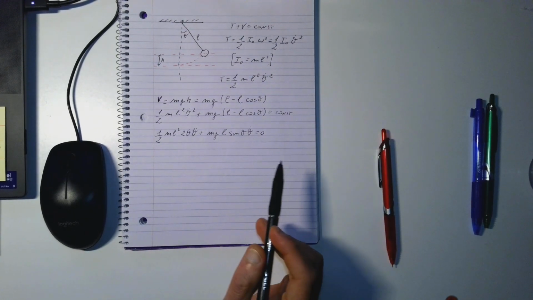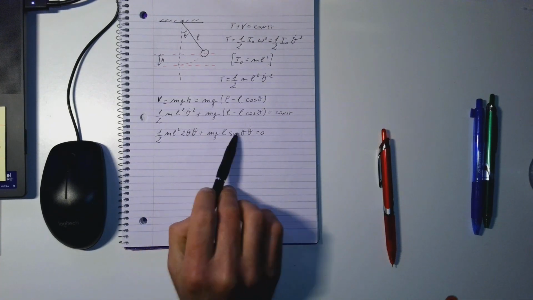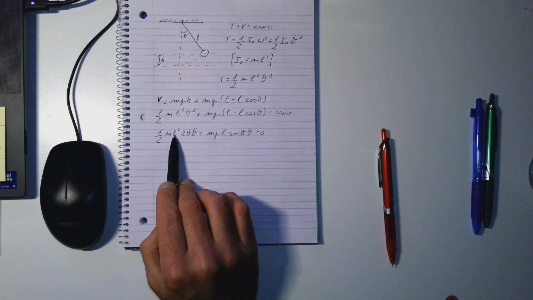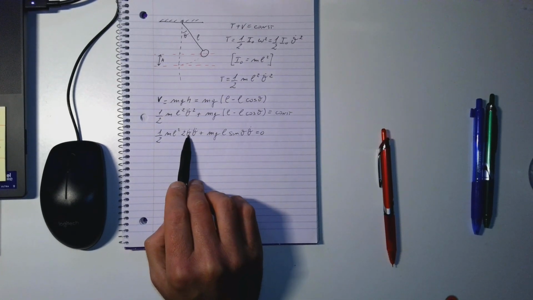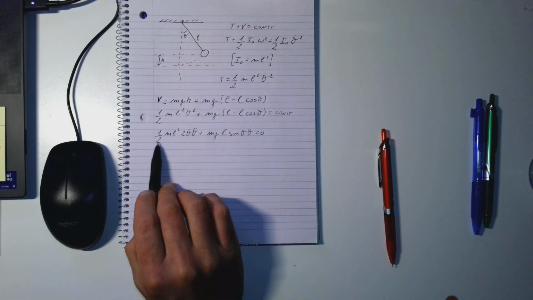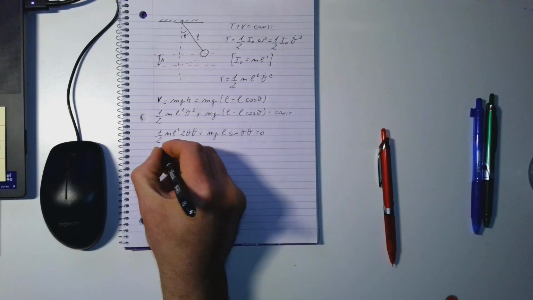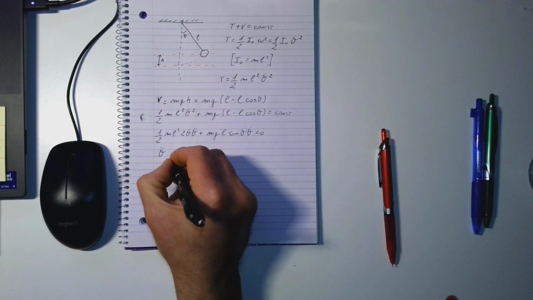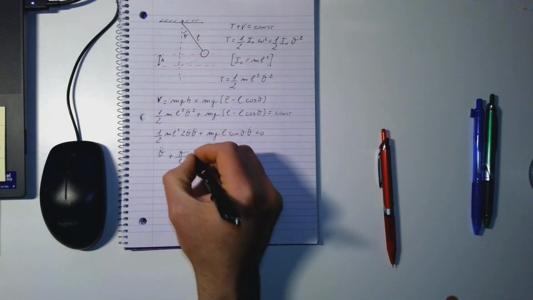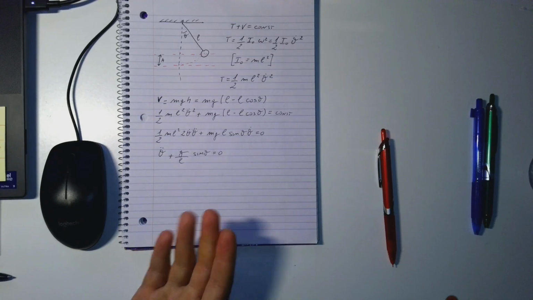Even in this case we can simplify our function, because we can divide both terms by m L squared theta dot. So if we divide by m L squared theta dot and then we simplify 2 and 2 here, what we obtain is theta double dot plus g over L sine of theta equal to 0.